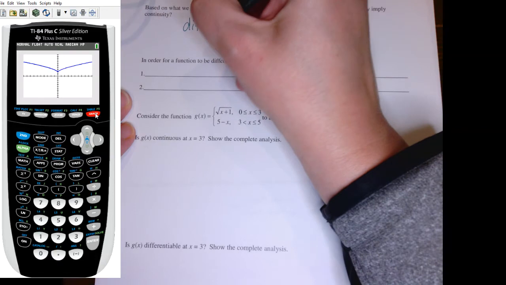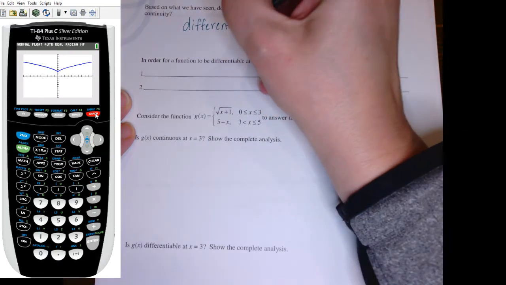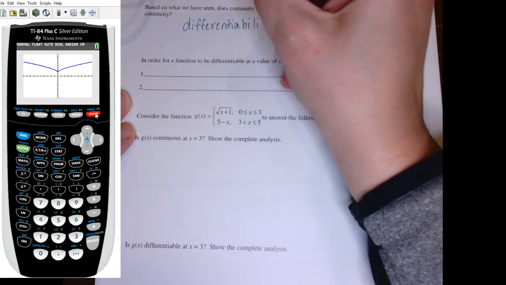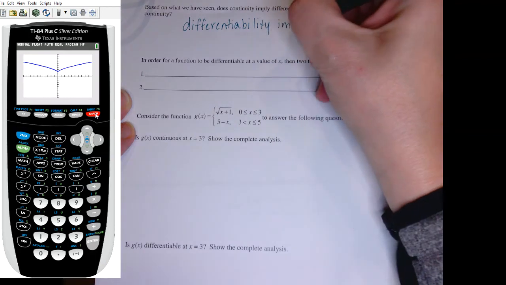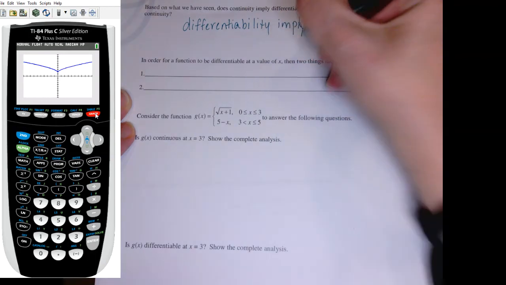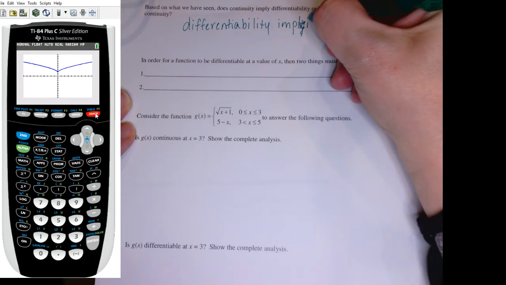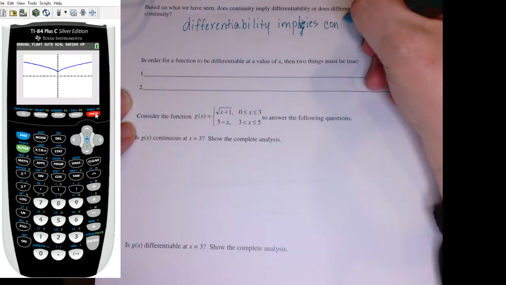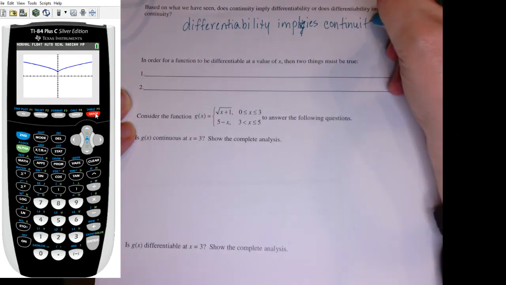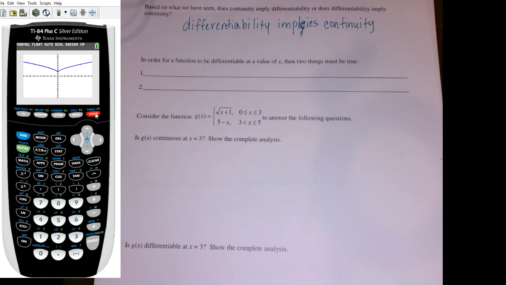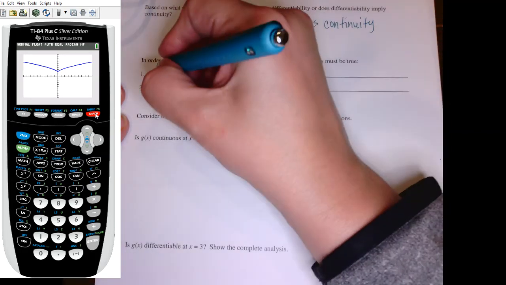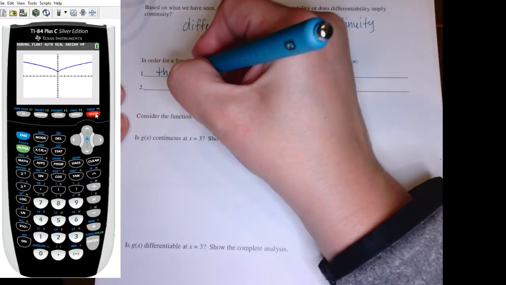Differentiability must imply continuity. Meaning, if you are differentiable, then you are continuous. So in order for a function to be differentiable, the function must be continuous.